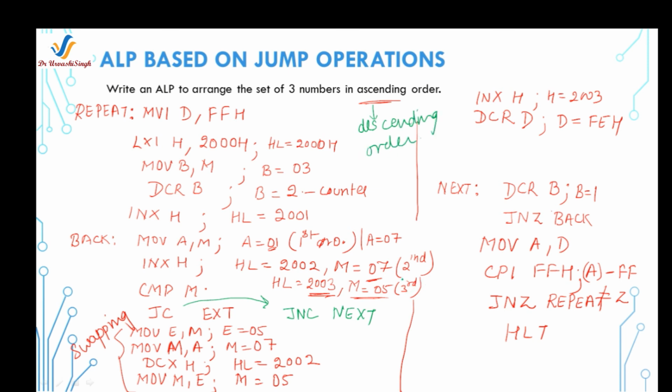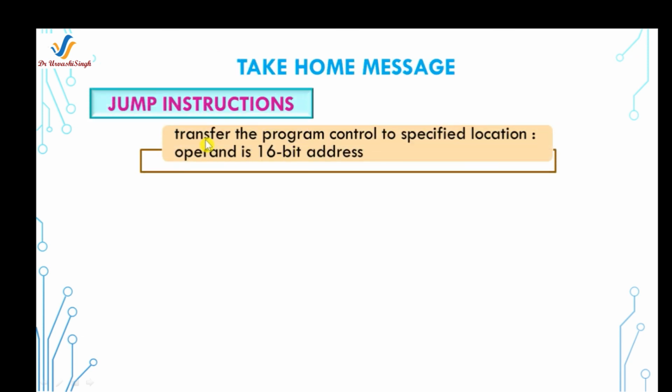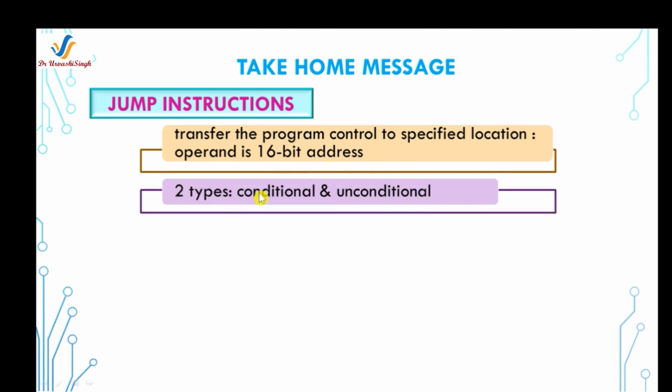Now let's see the important concepts from the topic. Jump instructions transfer the program control to the specified location, and it can be specified by the 16-bit address or by a label if you don't know the exact address. There are two types of jump instructions, conditional and unconditional.